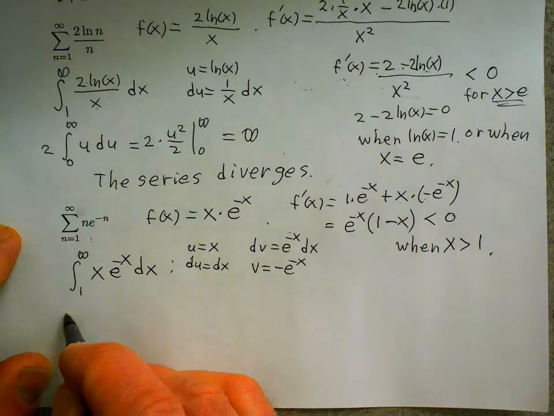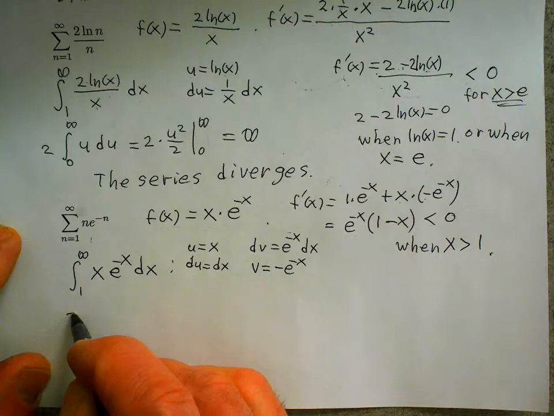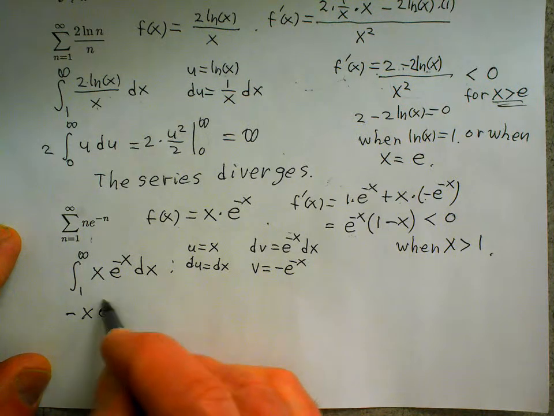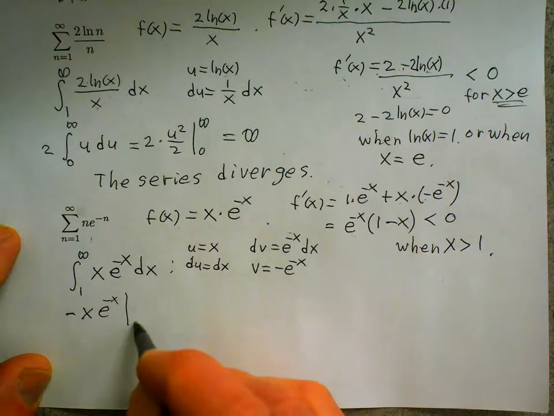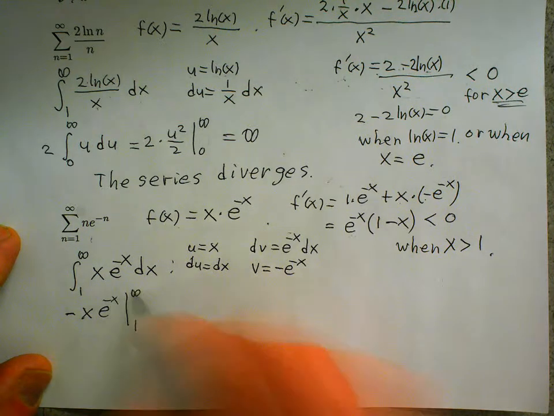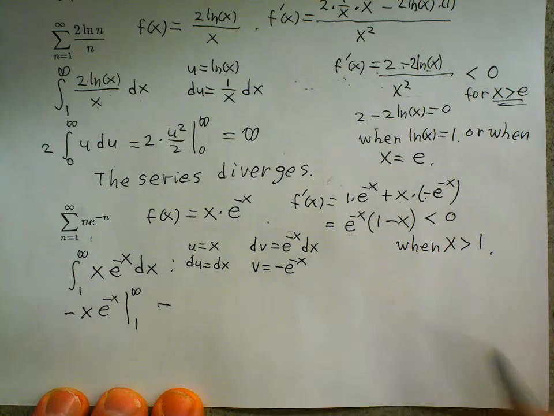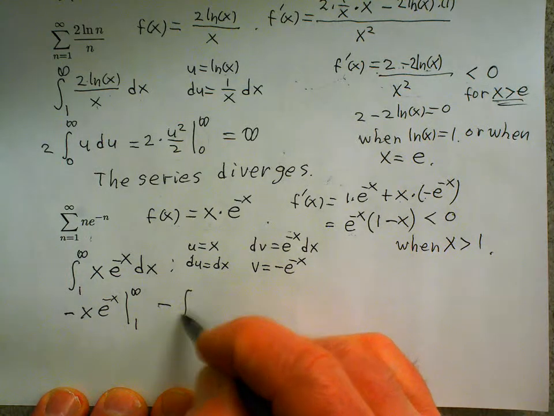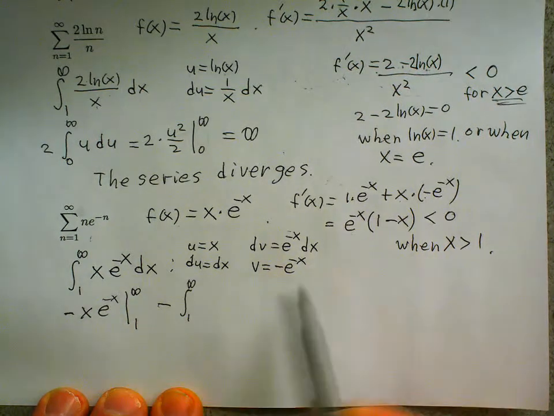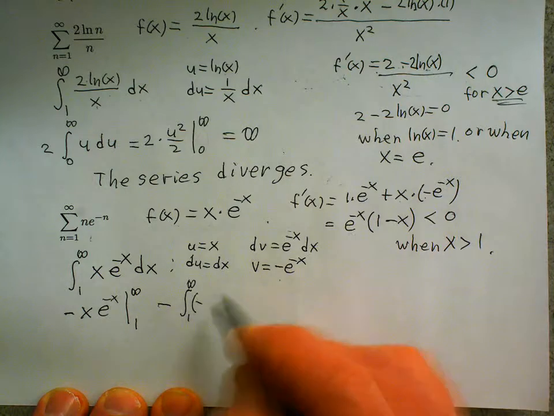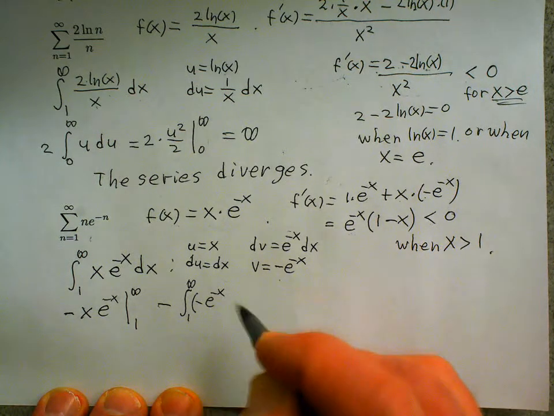Okay, then we have negative x times e to the negative x, evaluated from 1 to infinity. And then we're subtracting the integral from 1 to infinity of v du, which is negative e to the negative x dx.